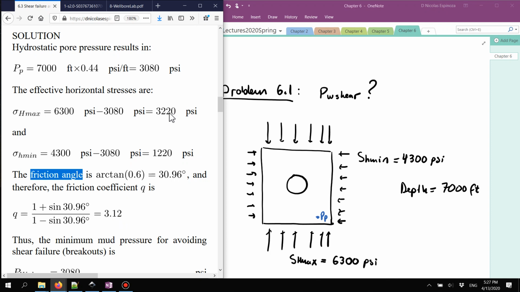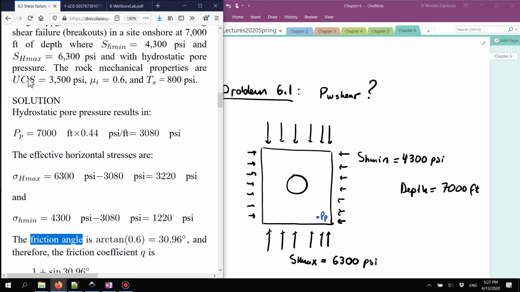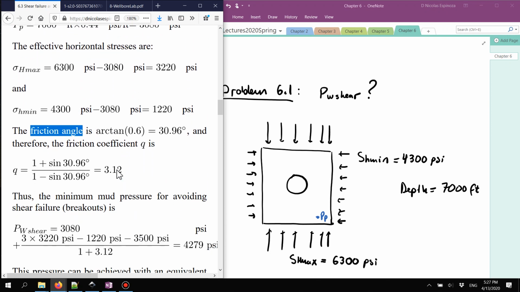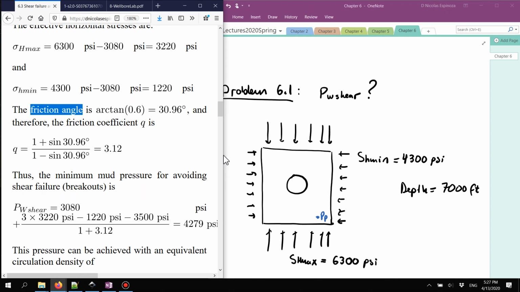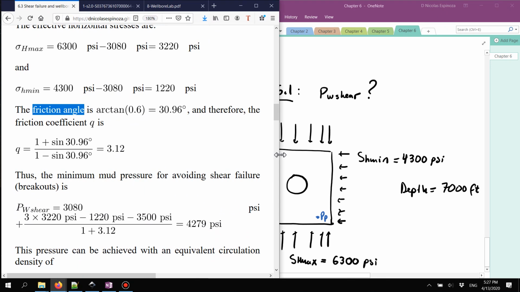After I have effective stresses and I have the properties of the rock in a way that I can use it, in this case we were given directly the unconfined compressive strength, I can calculate the value PW shear.